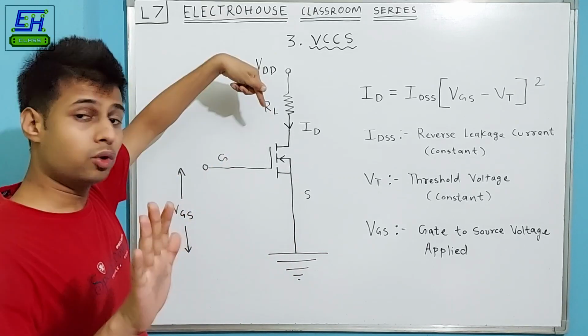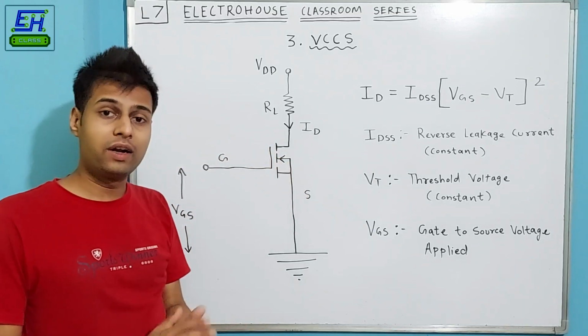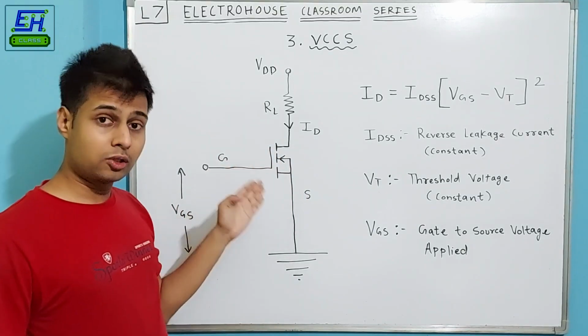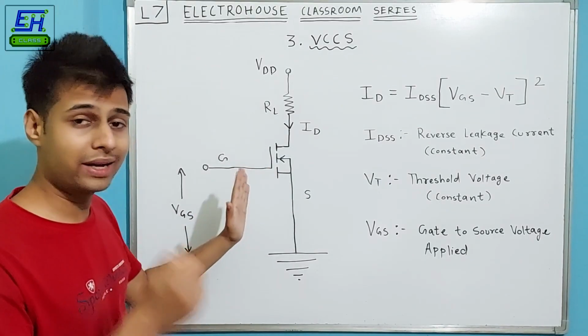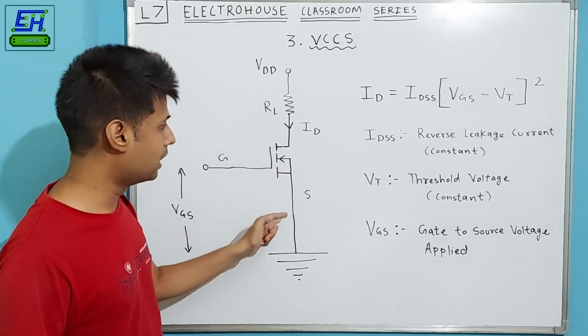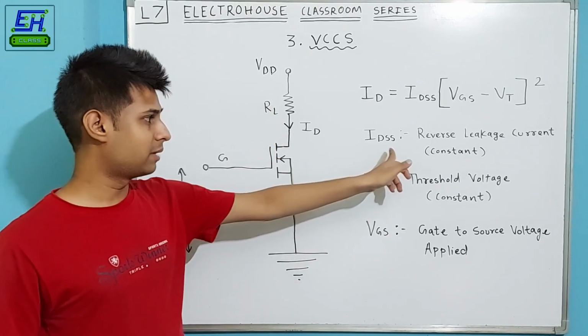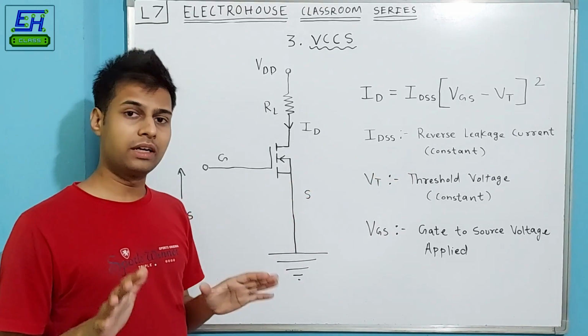Ideally the current should flow from the drain to source, but definitely there is some leakage in every electronic device, so it is also present in this device as well. So some negligible current actually flows through the source to drain, and this current is represented by IDSS, which is more or less constant if we keep the temperature constant.